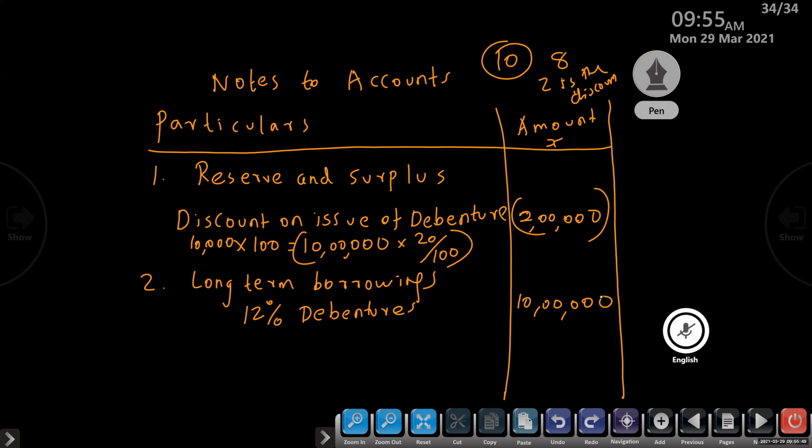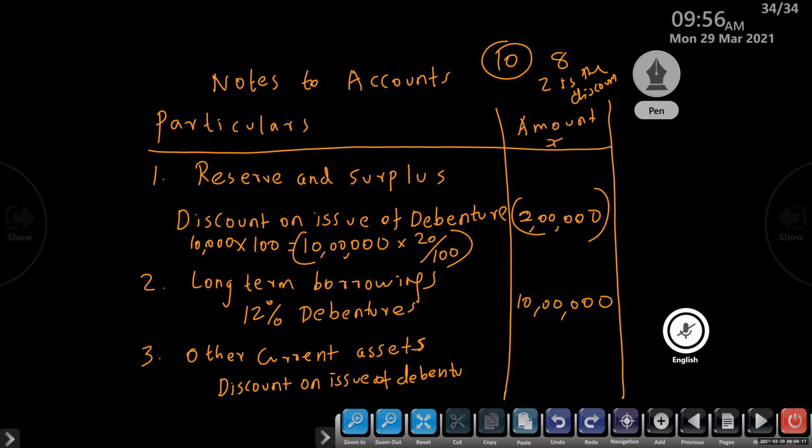Next, the third one: other current assets. Here you have to write discount on issue of debentures written off.